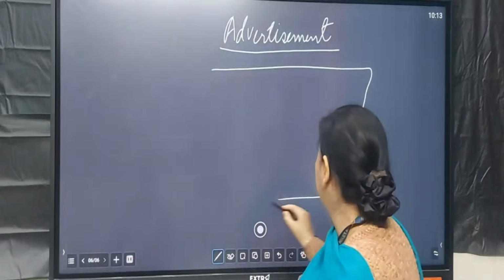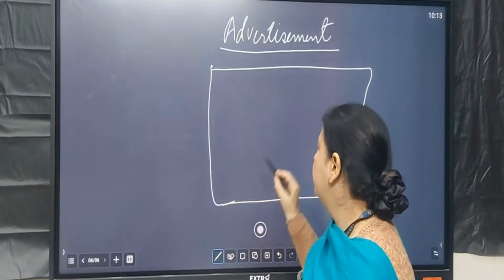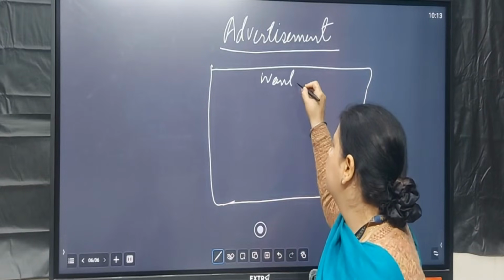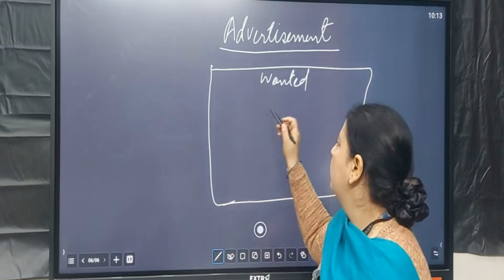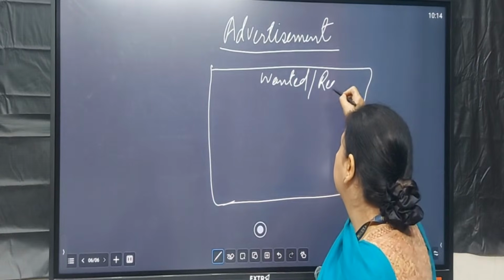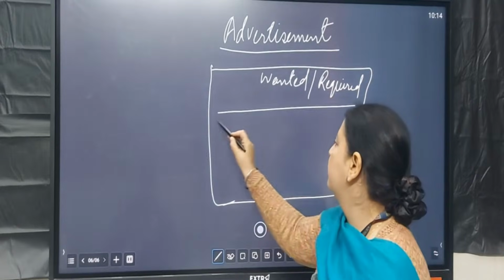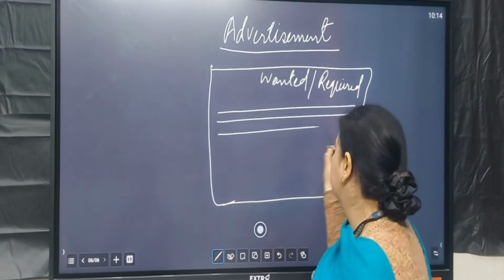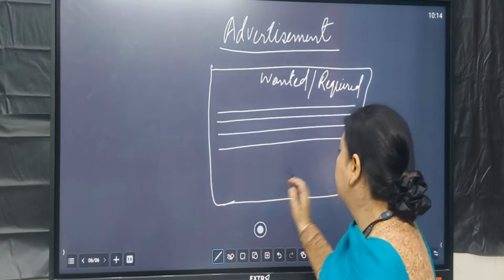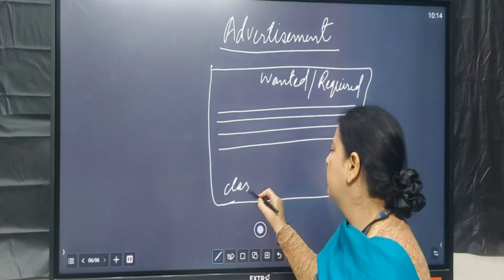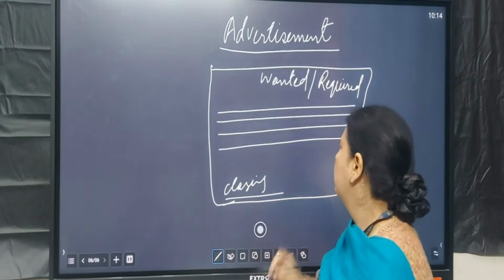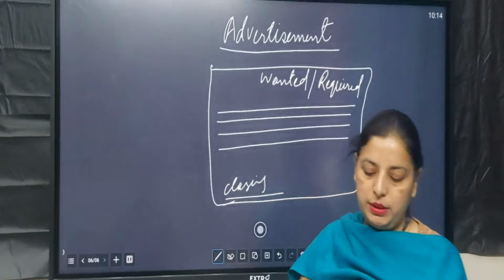You have to box your information. Here is the title, either wanted or required. Then you have to give the content of the advertisement in 30 to 40 words, and then closing. This is for advertisement.